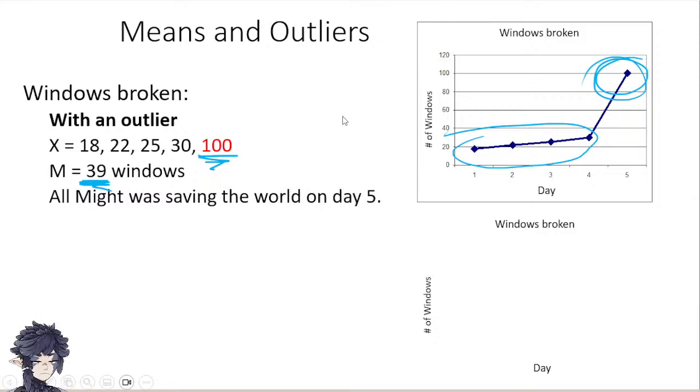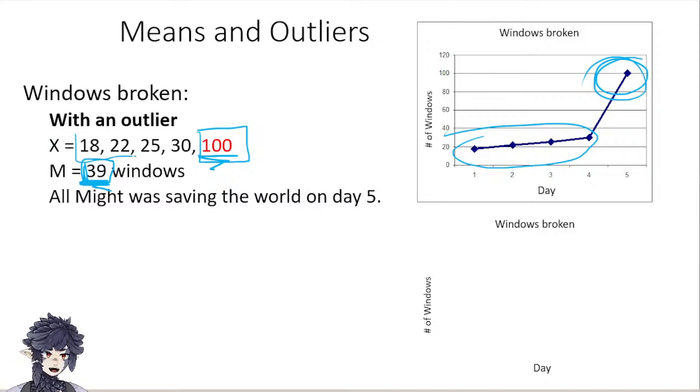You'll notice that the mean now of 39 windows is higher than 4 out of 5 of the actual days. The average has been pulled higher than it should be because of a single day. One single day has changed the average. So it's no longer representing 4 out of 5 of the days very well. It's really influenced by that 5th day. That's one of the problems with the mean. If there's one extremely high or extremely low score, that score is going to pull the mean higher or lower.